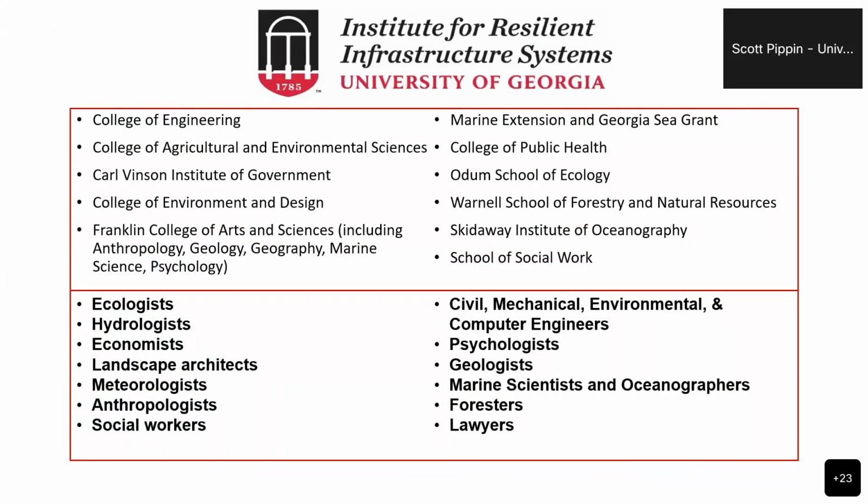Because I think we've heard a lot, this is not just an engineering challenge. It's not just about can we build these things, but how do we build them? Where do we build them? And how do we get people to build them? And so we're really trying to do that whole cradle to grave sort of concept of developing better resilient infrastructure systems and seeing them implemented actually on the ground. Next slide, please.